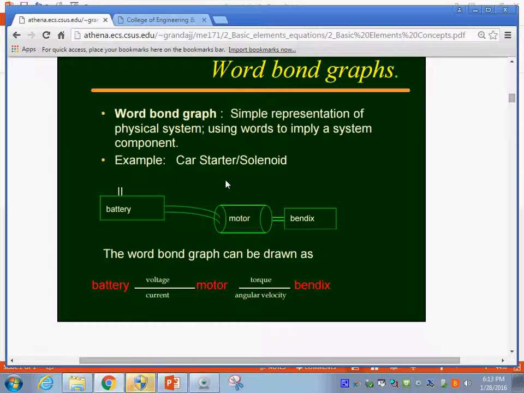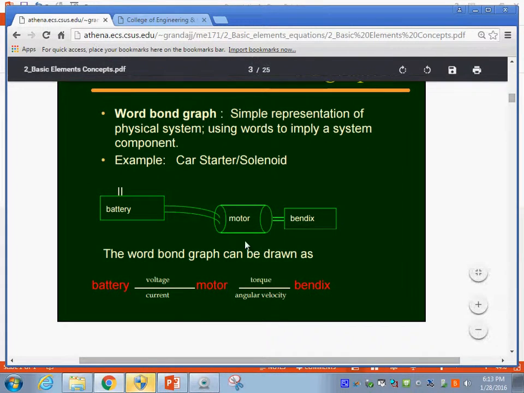And the author of the textbook in your class, Professor Dean Karnopp, came up with this idea that we can use words instead of the technical elements, just to make it easier. So if I had my way to change the word bond graphs, I would change it to connection graphs, even easier. You have the battery, and then you have a motor, and then you have the gear, the Bendix.